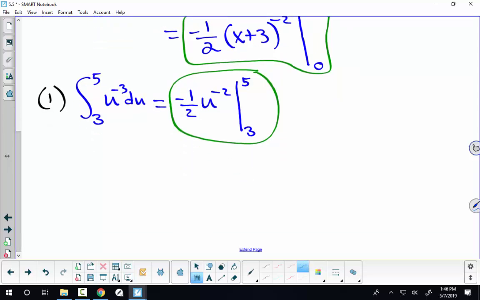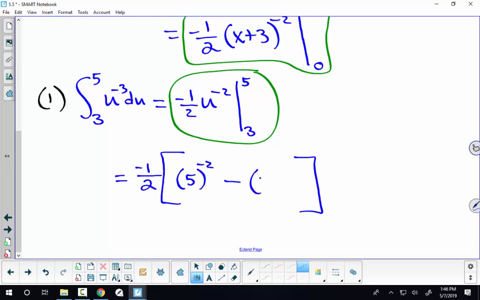Okay, so we'll start here. The -1/2 is the constant. We'll take that out. And then we have U to the -2 evaluated at 5. So we have 5 to the -2 minus 3 to the -2.